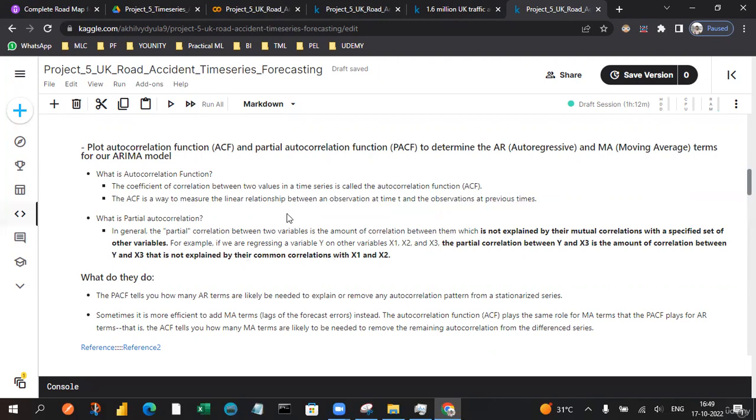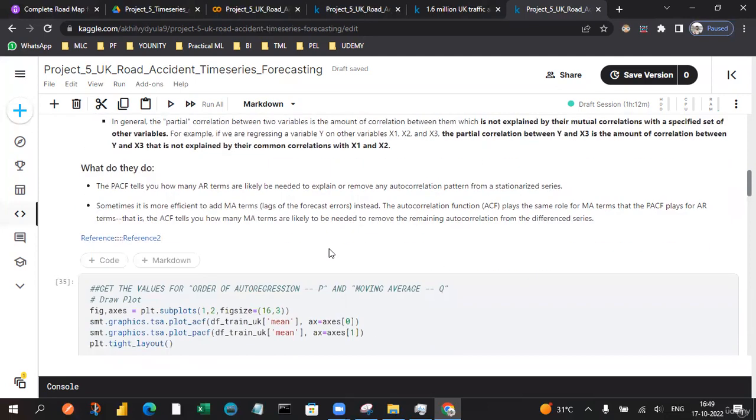The same applies to the partial autocorrelation, but the small difference is that it removes the correlation explained by the other intermediate variables, so it captures the correlation between y and x after the common correlation is removed.